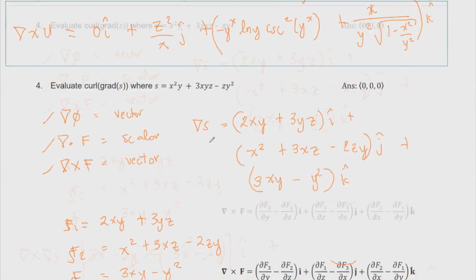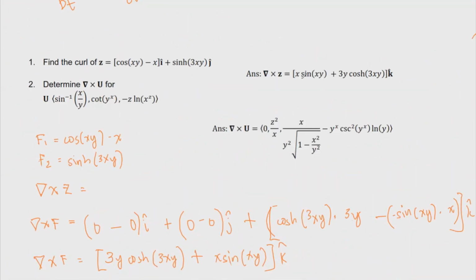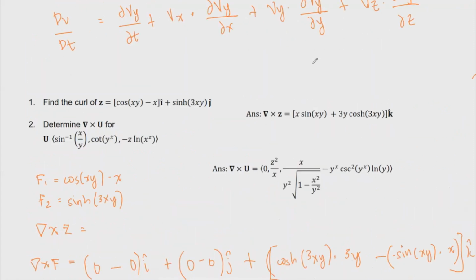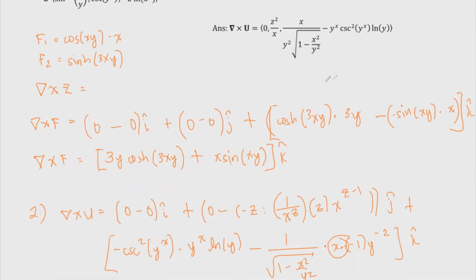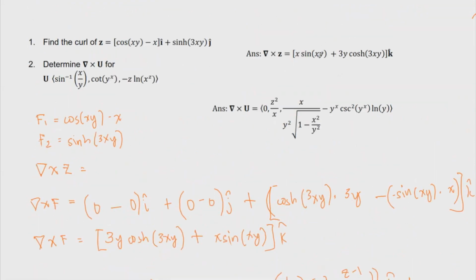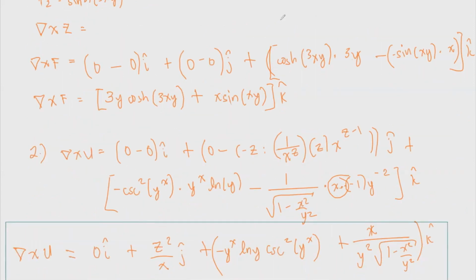We can go back to this expression, and then we know that this one is the curl of this expression. We have a curl that's x sine xy and then 3y cosine of h of 3xy. You can try taking the divergence of this expression, and you'll notice that you will just get 0. So with that, I'll do it for you. So let's try doing this k.